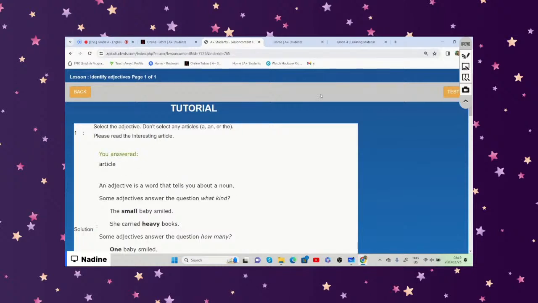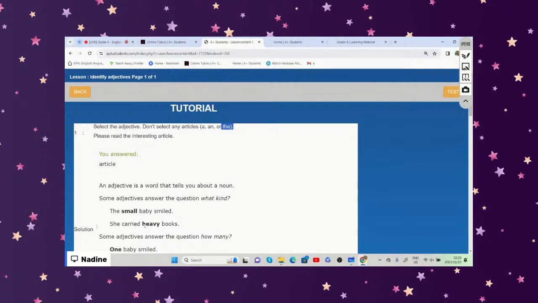Okay, so we need to select the adjective within this sentence. When we identify an adjective within that sentence, remember, we do not select articles. An article is a, an, or the. We don't select an article when it comes to an adjective.